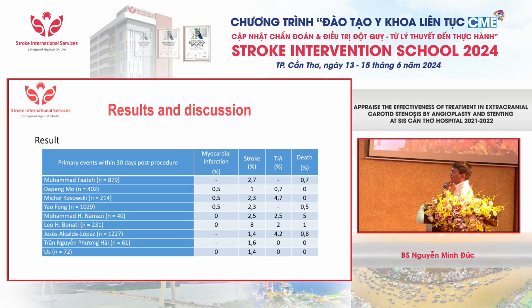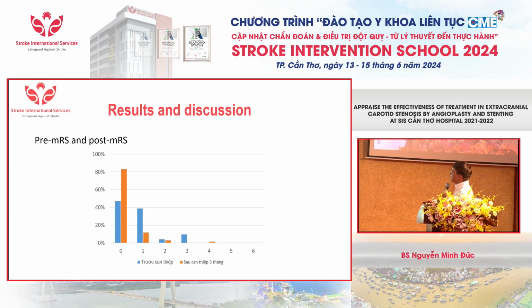One day after we treated the LICA, the patient was struck by an occlusion of the right MCA. Comparing pre-MRS and post-MRS, before treatment the patients had an MRS of 0 to 1 point, and after treatment almost all patients had 0 points.